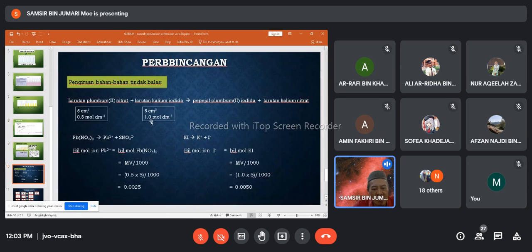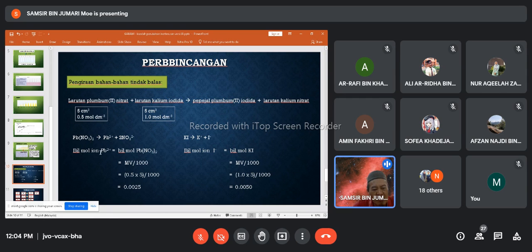Jadi sini, okay? So we take as 5 cubic centimeter used in the reaction. Okay, so we have to calculate the number of mole. So lead(II) nitrate solution provide the lead(II) ion.